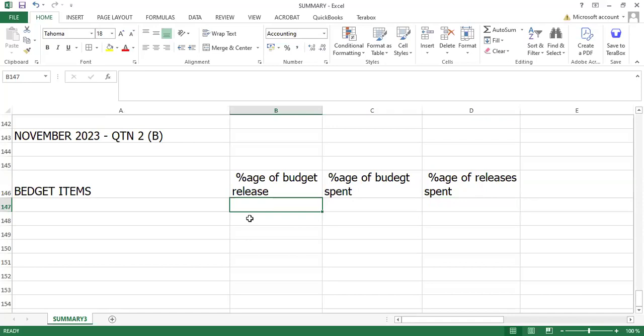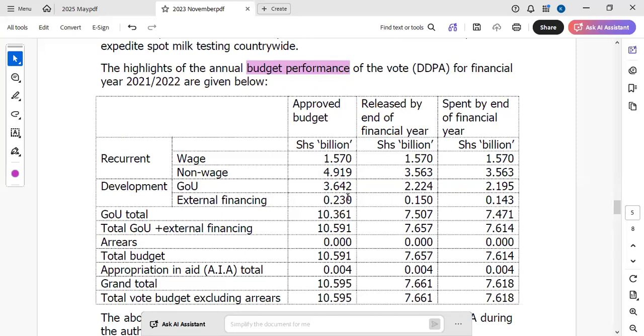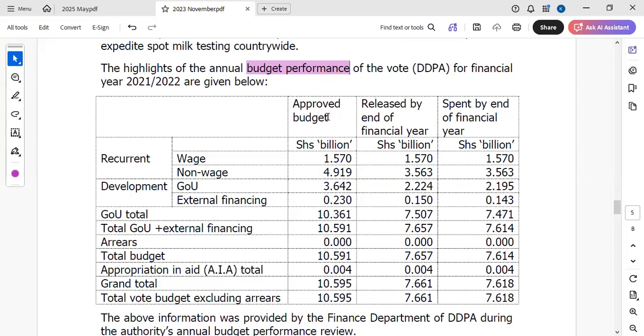So when you're getting budget release, this is the formula. It will be equal to the released amount, because we have that amount in the question. You have the approved budget and what was released by the end of the year.